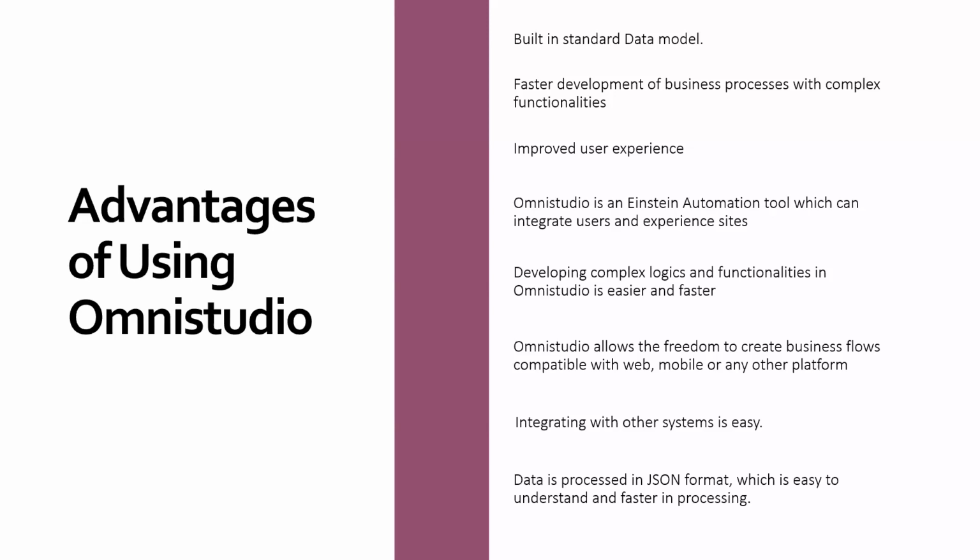Now, Salesforce has come up saying that Omni Studio is going to be a core product now. It's going to stay for a long time. So what we can do is bring in a standard data model. That means just like if you buy a Salesforce org today, you find account, user, contact, leads, opportunities, all these objects in your org, you're also going to find Omni Studio related objects in it.